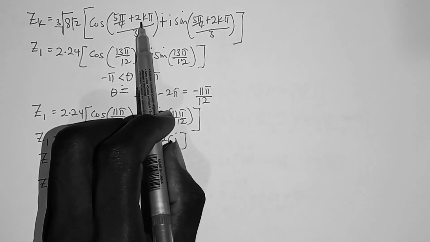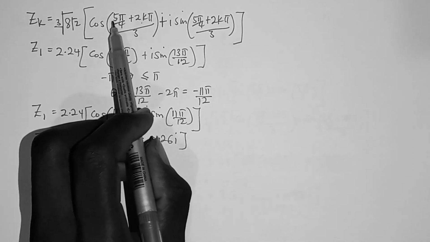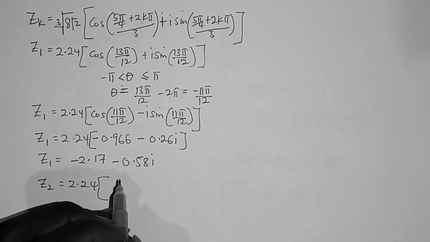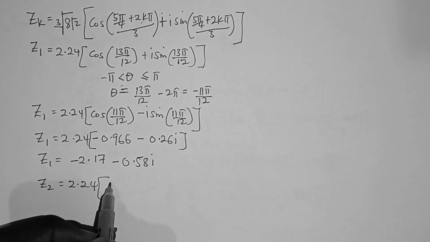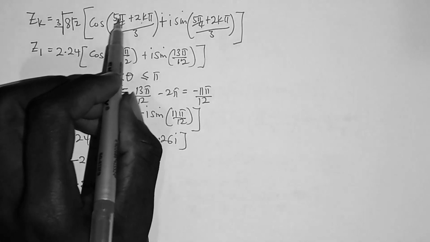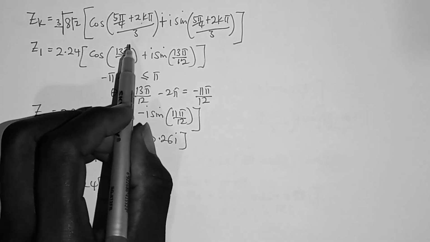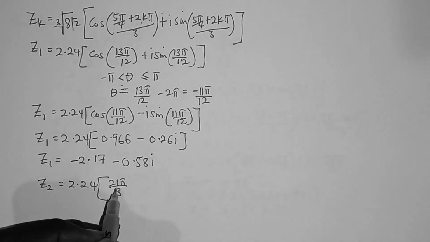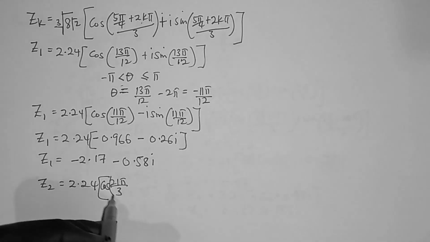So 2 times 2 is 4. So 5 pi over 4 plus 4 pi is equal to 21 pi over 3. Because it is 5 pi over 4 plus 4 pi, all over 3. So 21 pi. So here's cos. Sorry, I forgot the cos.